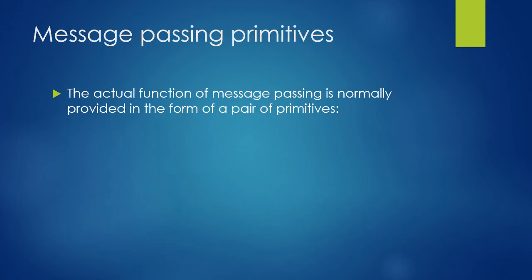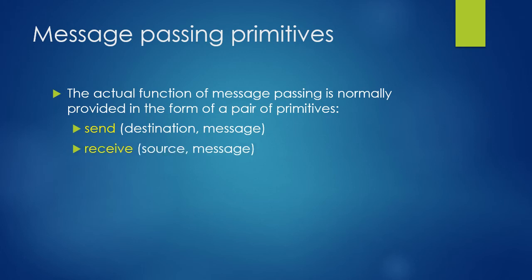Message passing primitives. The actual function of message passing is normally provided in the form of a pair of primitives: send(destination, message) and receive(source, message).